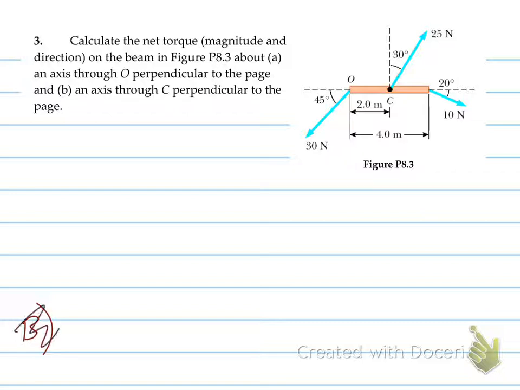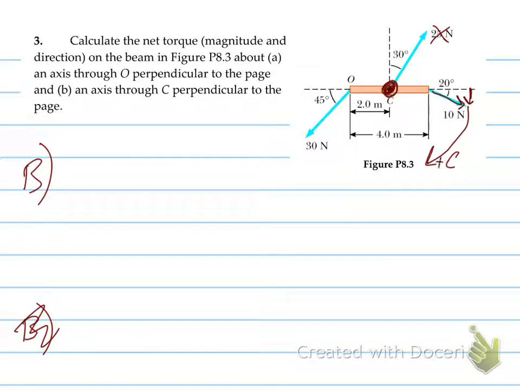So for our B, if the point of rotation is at point C, then that means that this force doesn't cause any torque because it is at the point of rotation. It has no distance. Our 10 Newton force is still pushing down. It would cause it to rotate clockwise.